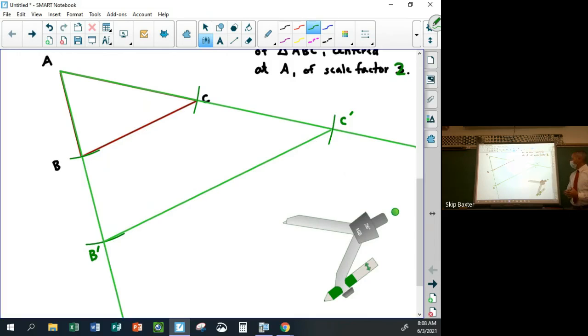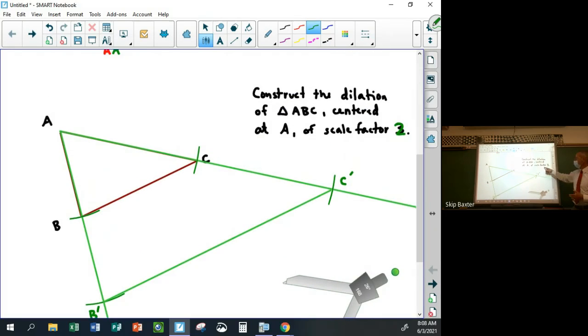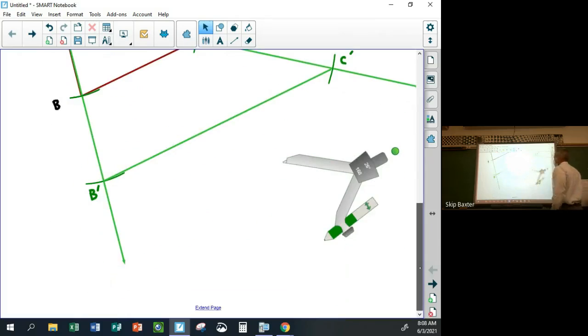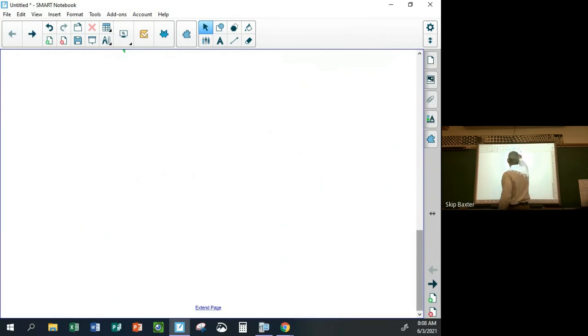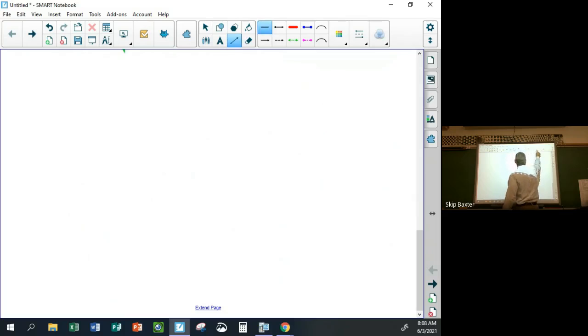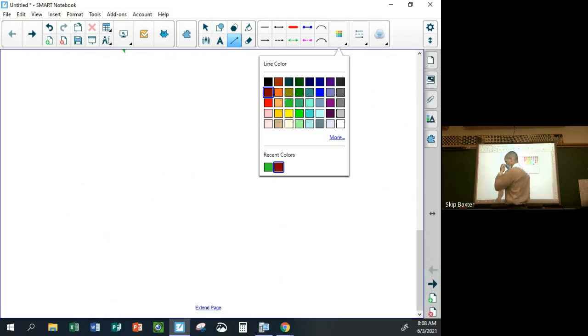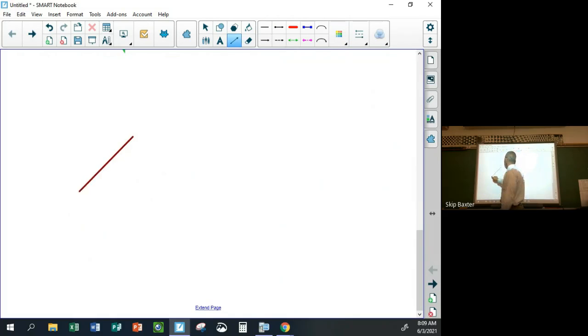Now, the only other variation is, what if the scale factor, instead of being 2 or 3 or 4 or 5, is 1/2? Okay, so we could do that as well. So let's do a picture here. Another starting triangle.